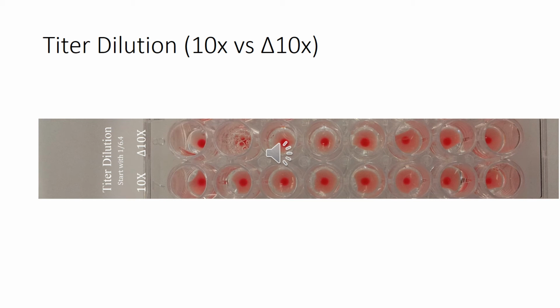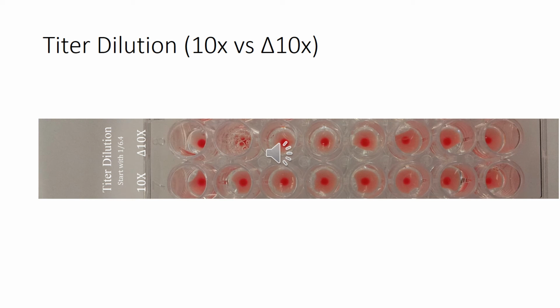We start with 1 to 6.4 as the ratio of the solution, and each well from A to H is twofold. So basically, this is 1 to 6.4, and this one is 1 to 12.8, and so on and so forth. You can see clearly that the heated one is less likely to form hemagglutination.